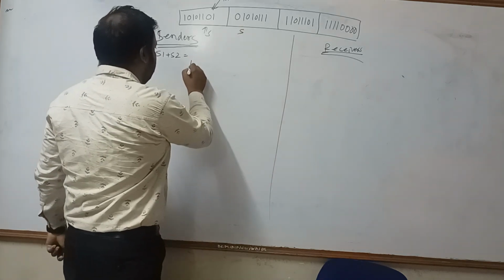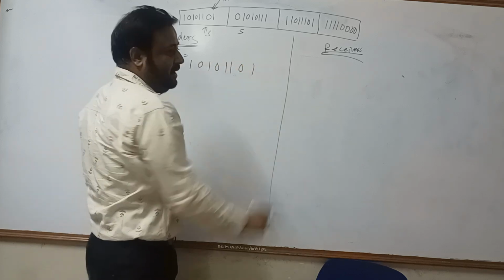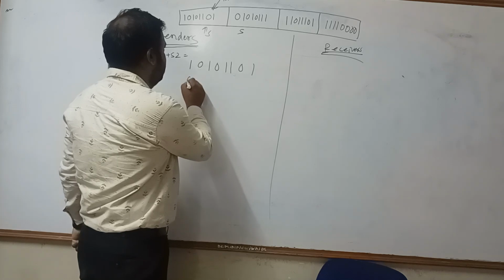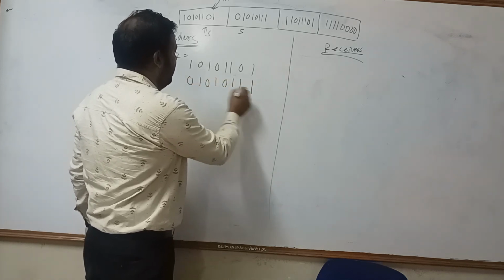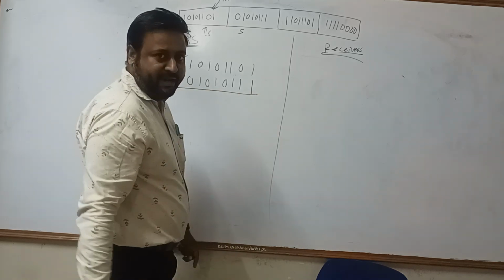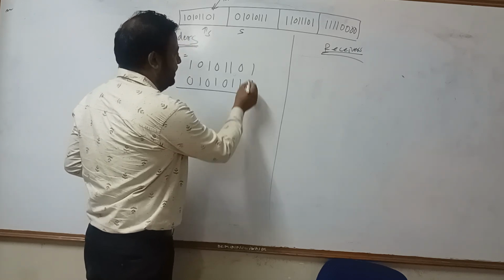Our S1 is 1 0 1 0 1 1 0 1. And what is our S2? This is 0 1 0 1 0 1 1 1. Now simply binary addition will take place here. 1 plus 1 will be 0, carry is 1.